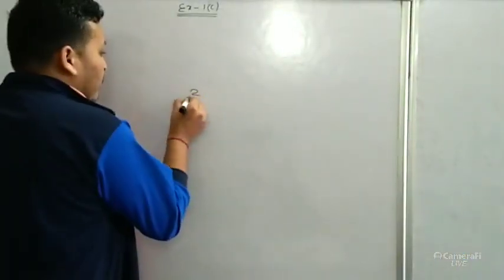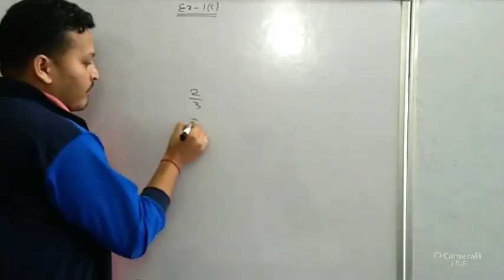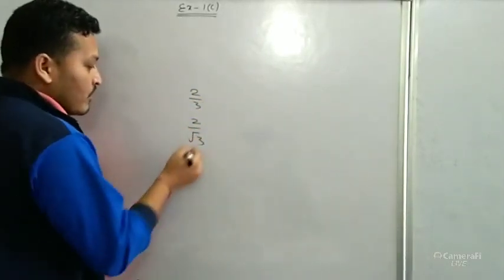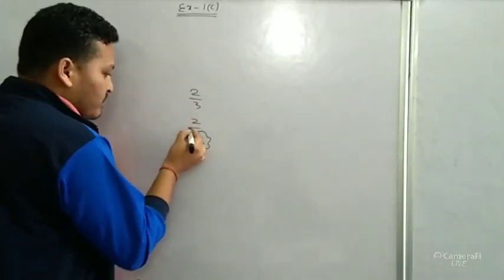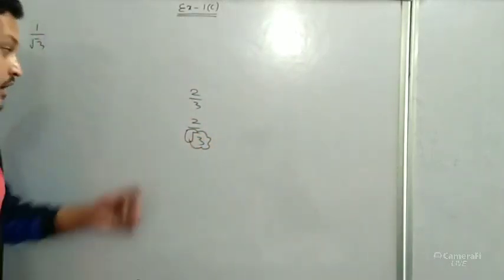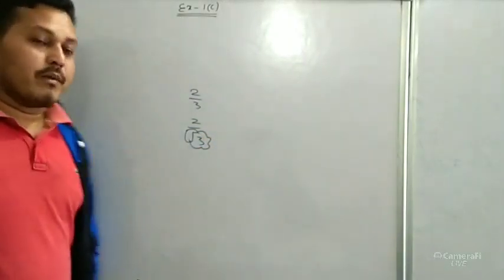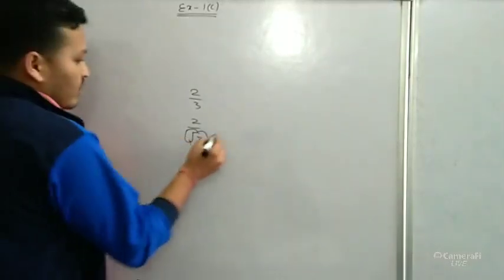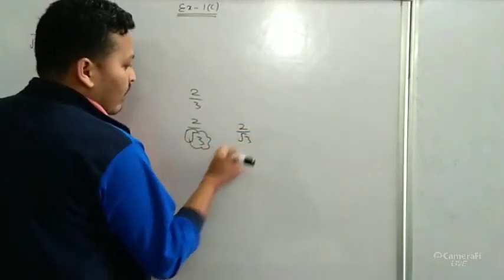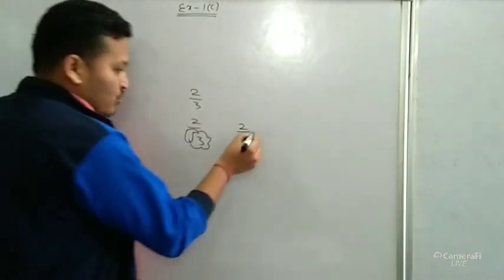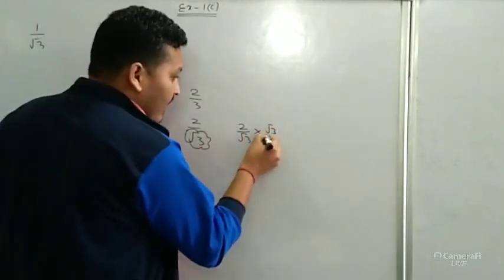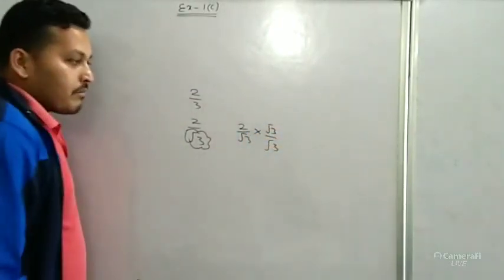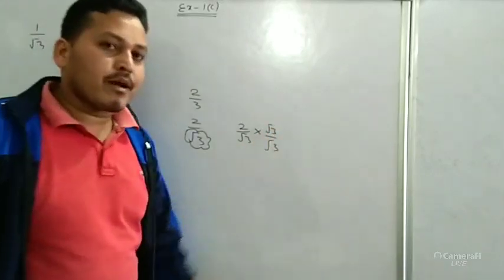Okay, for 2/3 there is no problem, but if it is given 2/√3, our first duty is to remove this root 3 from the denominator, meaning remove the root sign from the denominator. So 2/√3. How can we remove this part? Here we can multiply and divide by the same number. Why?